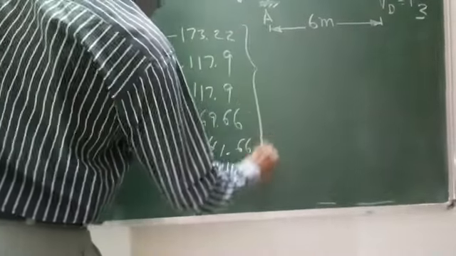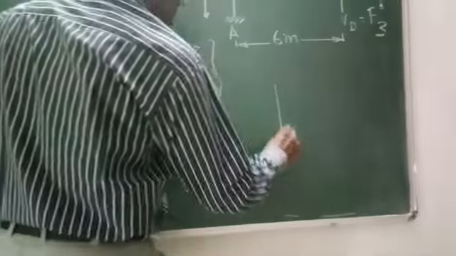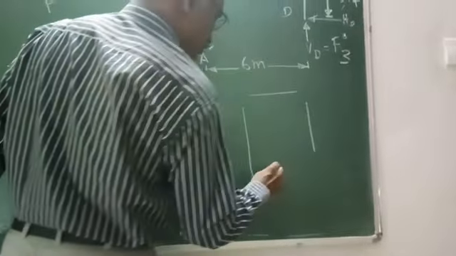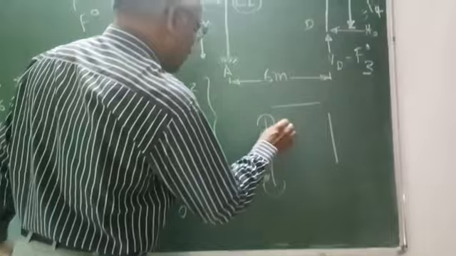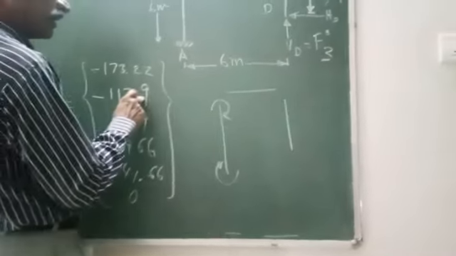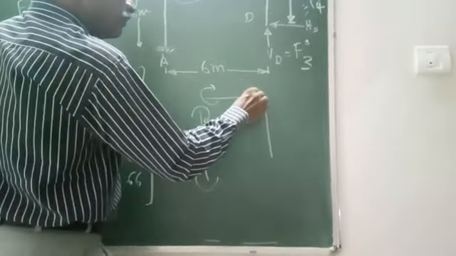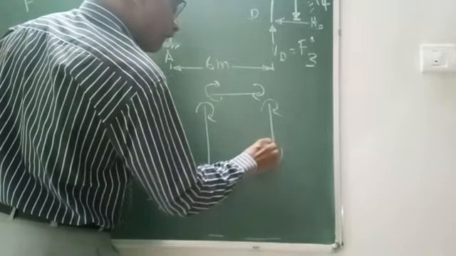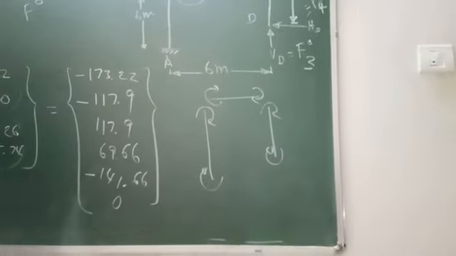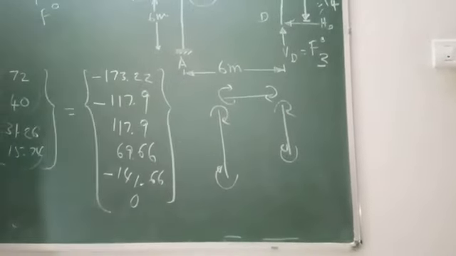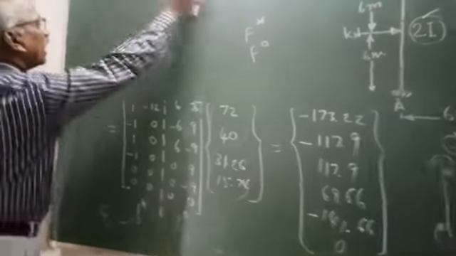These are the forces along the element coordinates: P1, P2, where P2 is minus 117.9, P3, P4, P5, P6.